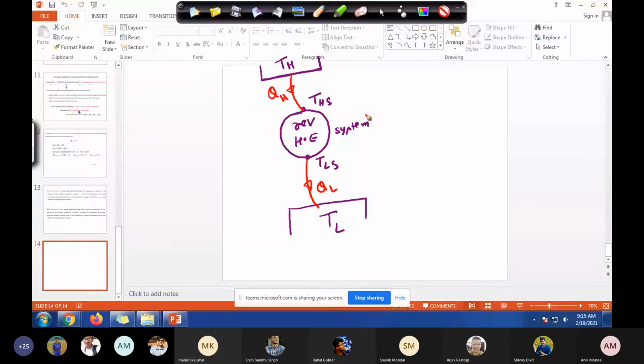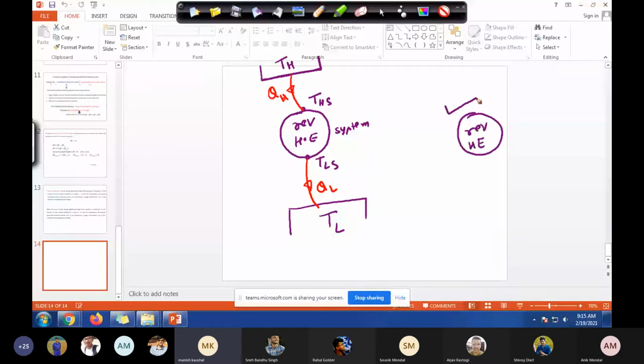Now, the moment you are saying that local temperature is THS here, where the system is taking heat, you can think of this way. Same thing I can draw this way also. Reversible heat engine.